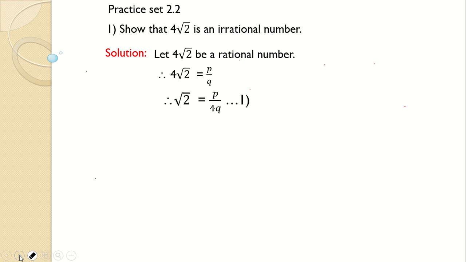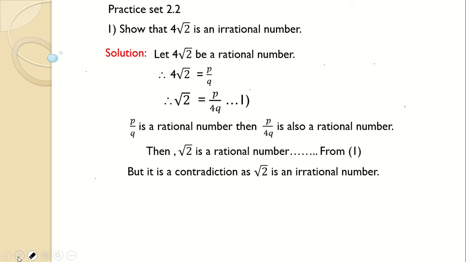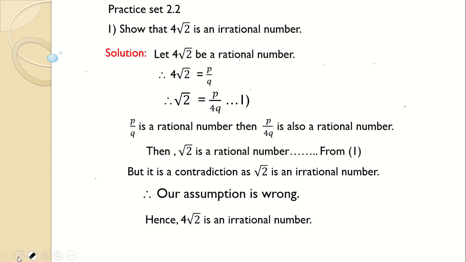Then we take that 4 that side. p by q is a rational number, then p by 4q is also a rational number. Then root 2 is also a rational number from 1. Why from 1? Because the right hand side of 1 is a rational number, so the left hand side also has to be rational, but which is a contradiction because root 2 is an irrational number, and hence our assumption is wrong, and hence 4 root 2 is an irrational number, and hence proved.